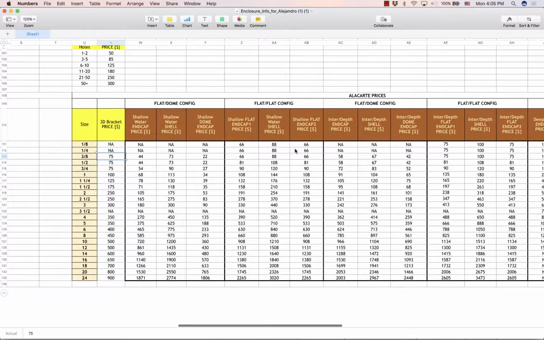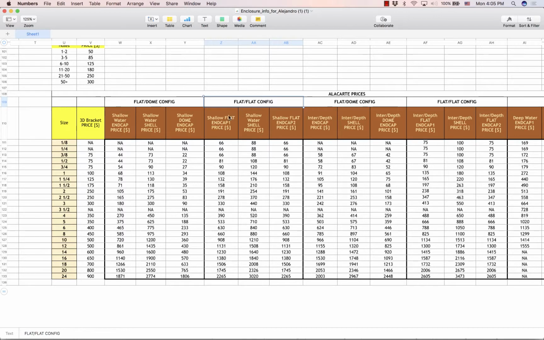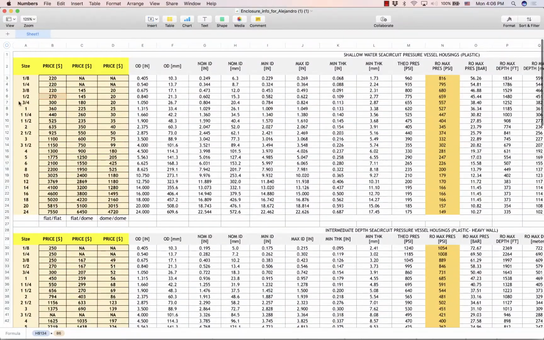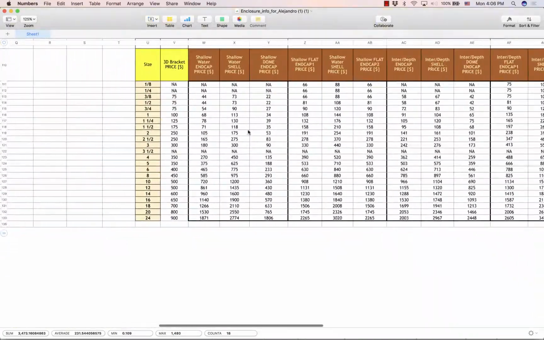If you're configuring the flat for the shallow water, then end cap number 1 will be 81, plus the shell will be 108, plus end cap number 2 will be 81, 270. So let's see, 1.5. The flat configuration is 270. So that matches. I'm not sure why the second one doesn't, but the first one does.